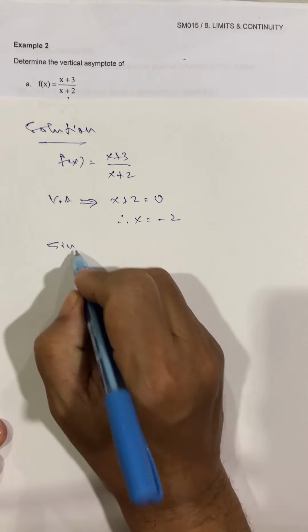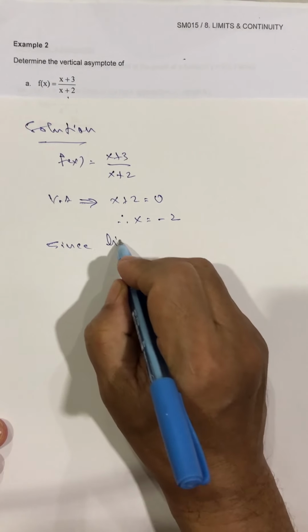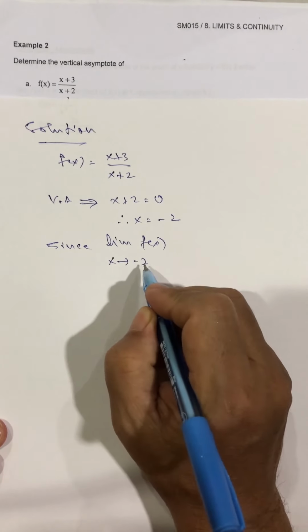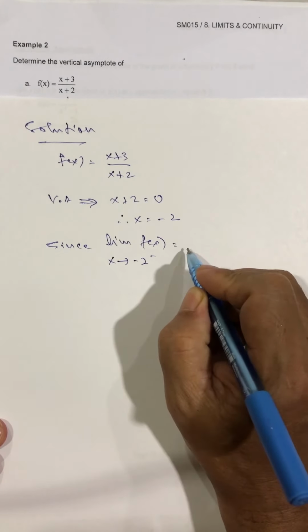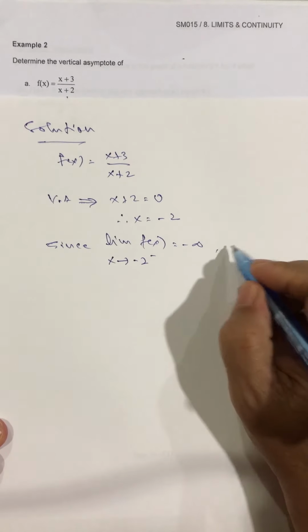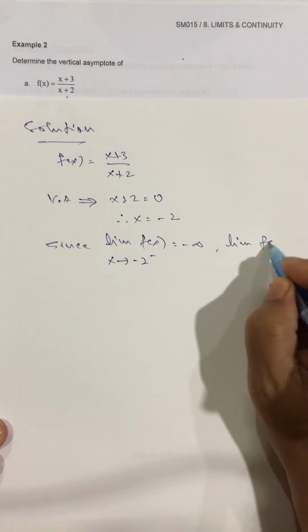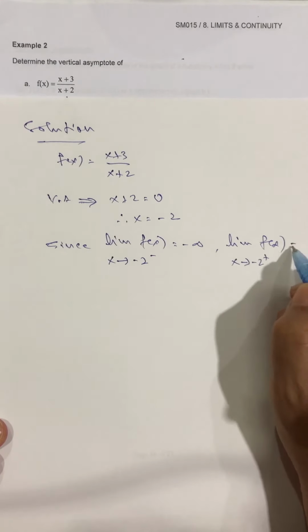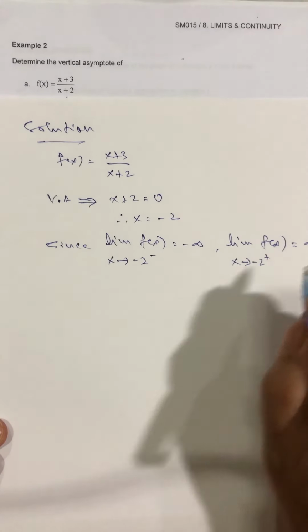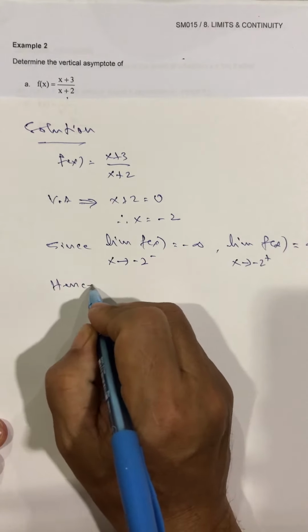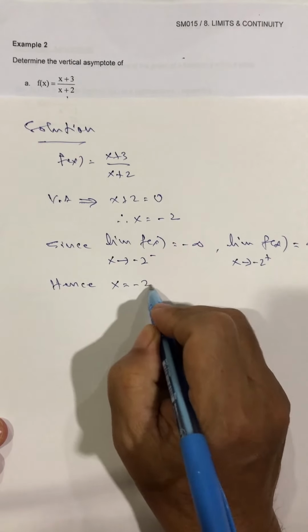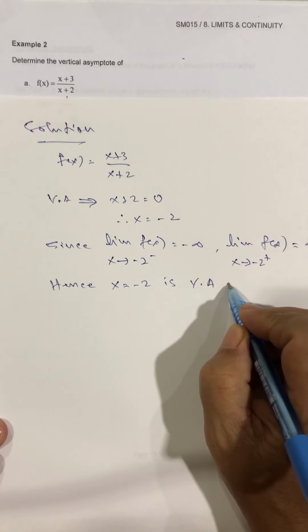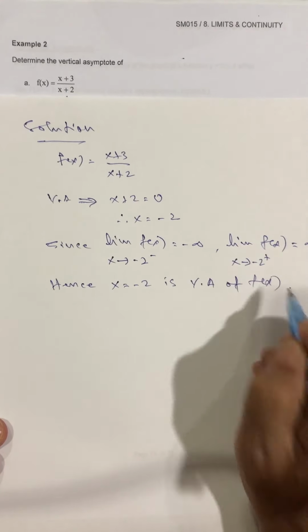Since the limit of f(x) when x approaches negative 2 from the left is equal to negative infinity, and the limit of f(x) when x approaches negative 2 from the right is equal to infinity, hence x equal to negative 2 is the vertical asymptote of f(x).